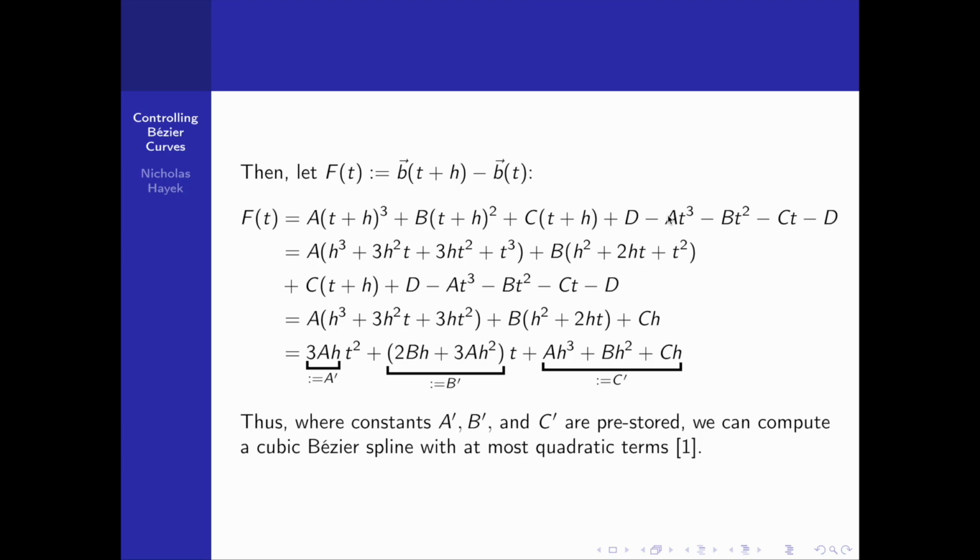And so this degree reduction is going to make your explicit brute force Bernstein computation of a Bezier a little bit more attractive in comparison to the time inefficient De Casteljau. And so that's what we have here. We group all of these constants. In theory, we can pre-compute these. And so now that we have these constants, all we have to do is plug in for now a quadratic.